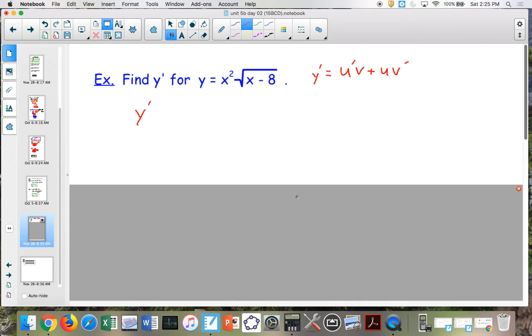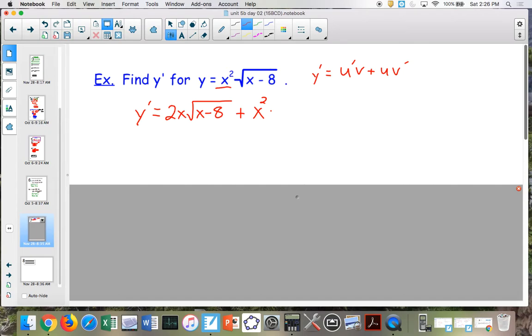So y prime is going to equal the derivative of the first function, the derivative of x squared is 2x, times the second function, which is the square root of 8 minus x. Plus, now I'm going to write the first function and multiply it times the derivative of the second function.